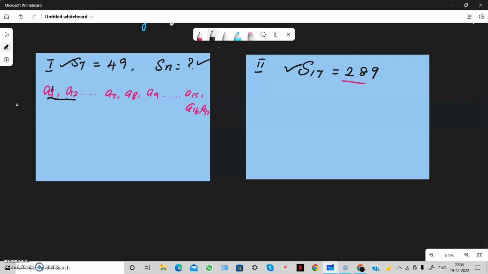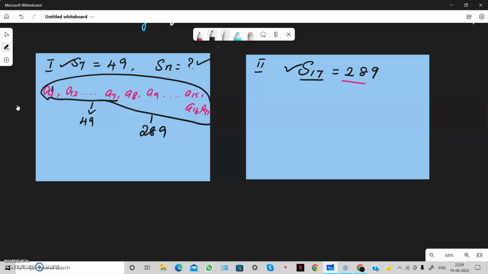If you find the sum up to A7, that is 49. And the sum of 17 terms, if you add all of them, is equal to 289. So these are the two cases. From that we are going to find the value of a and the common difference d.